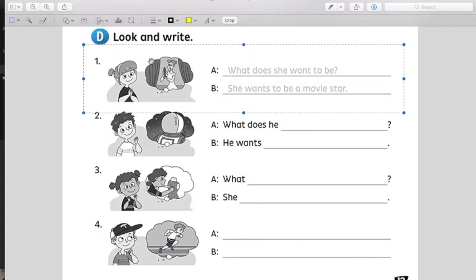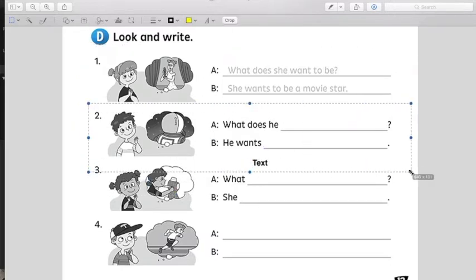So the question would be, what does she want to be? She wants, with an S, to be a movie star. So let's go ahead and do number 2.